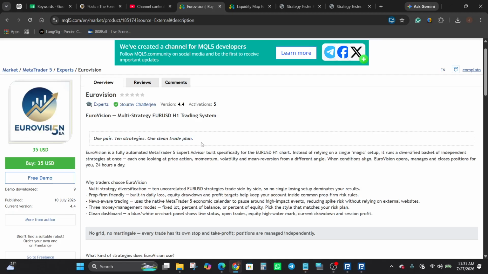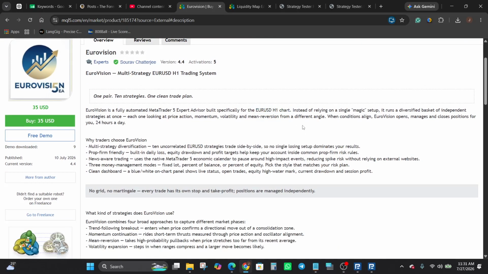According to the description, Eurovision is built specifically for EURUSD on the H1 chart, running a diversified basket of independent strategies that each look at price action, momentum, volatility, and mean reversion from a different angle, trading around the clock when conditions line up.